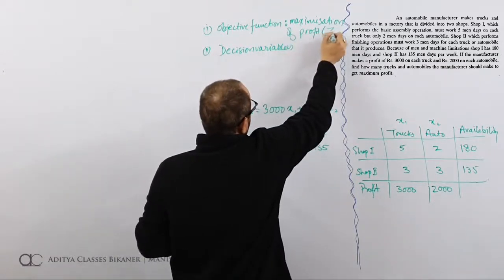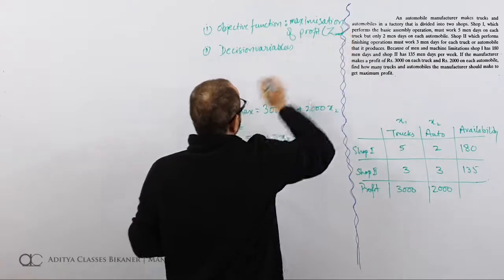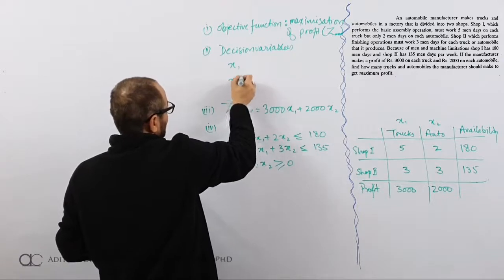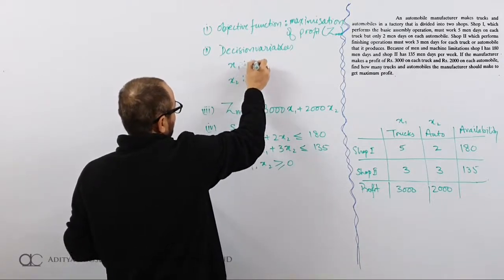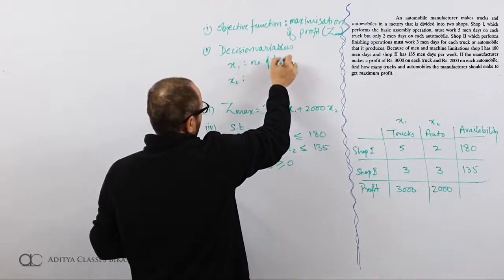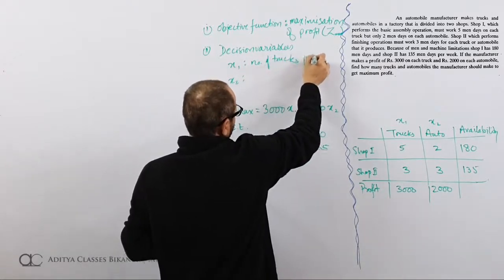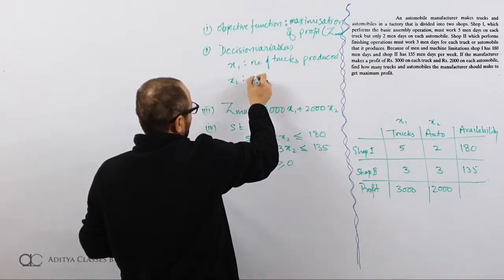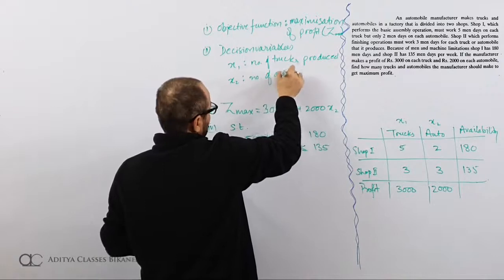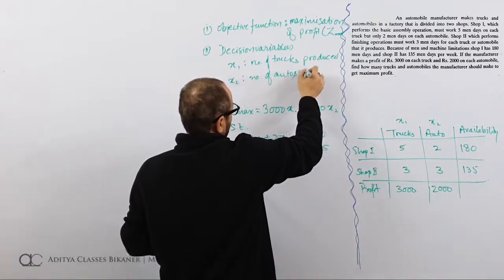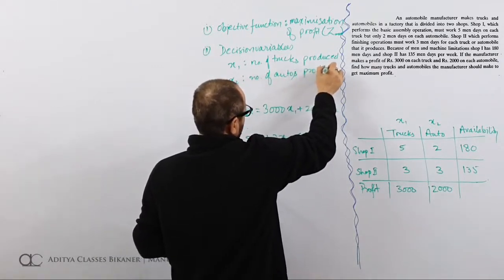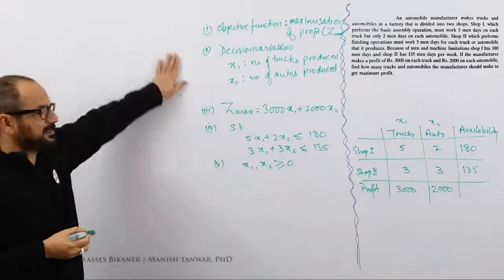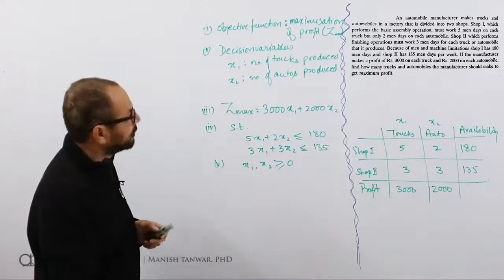Z max. Then the variables that we are making use of are x1 and x2. x1 is the number of trucks produced and x2 is the number of automobiles. These are the 5 steps of our formulation of a primal.